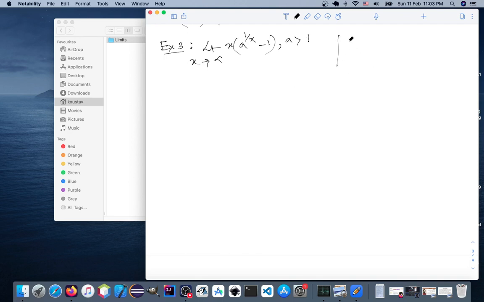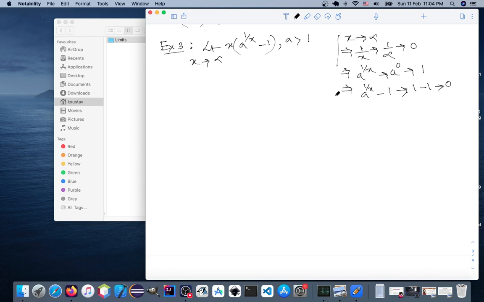When x tends to infinity, 1 by x tends to 0. This implies a to the power 1 by x tends to a to the power 0, which is 1. So a to the power 1 by x minus 1 tends to 1 minus 1, which is 0.